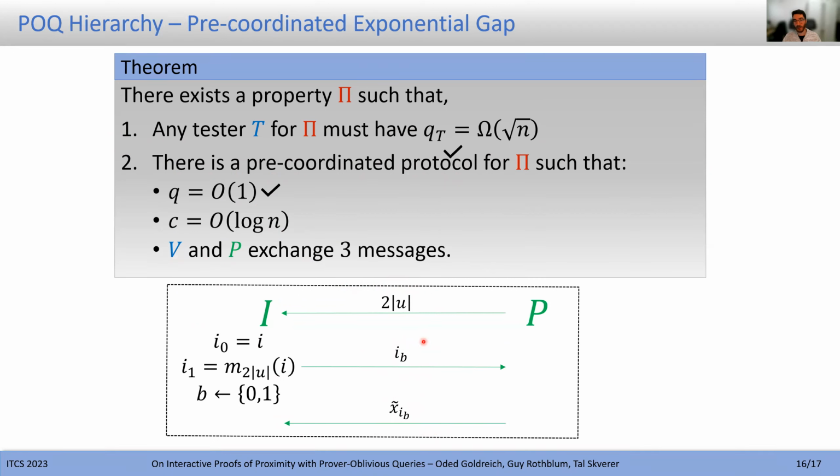So repeating this a constant number of times, we get that the communication complexity is order of log n. So to wrap this theorem up, we showed a pre-coordinated protocol which shows an exponential gap between the pre-coordinated model and property testing.